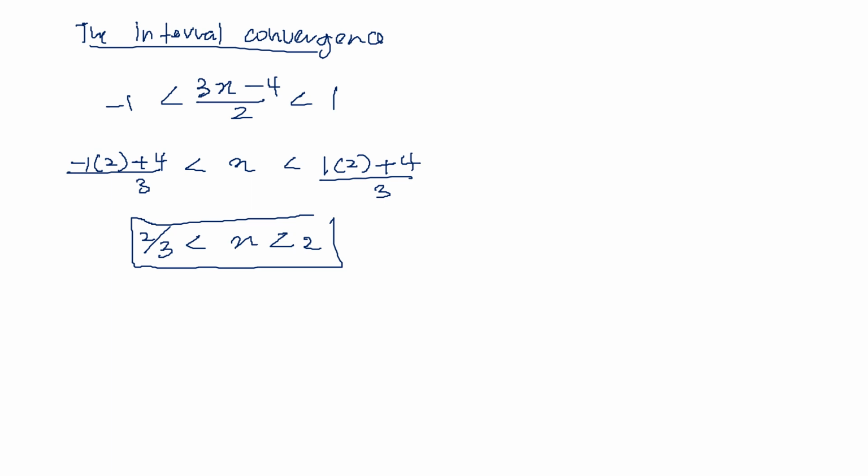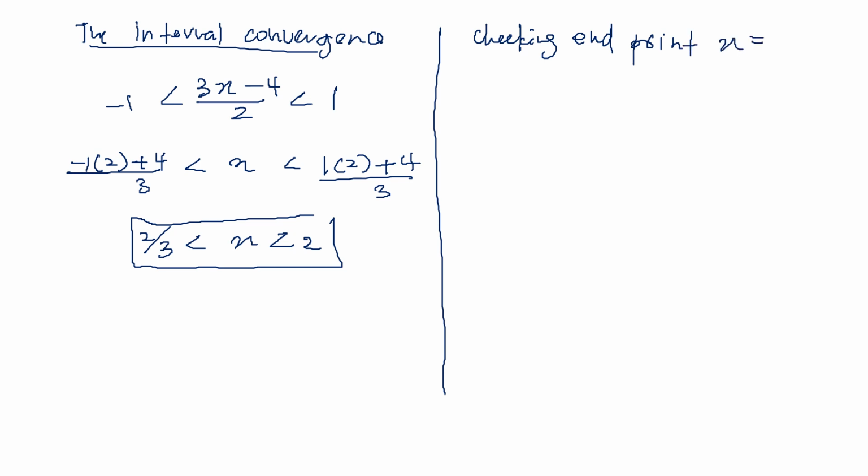After you get this one, you have to check the endpoints. x equals 2 over 3. Okay, checking the endpoint, substitute into the original series from k equals 0 to infinity.